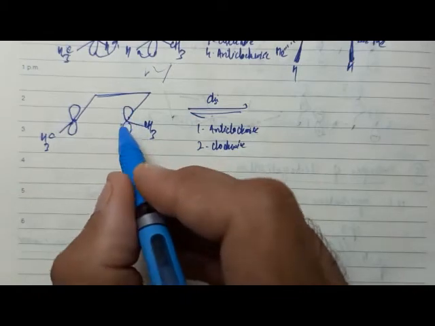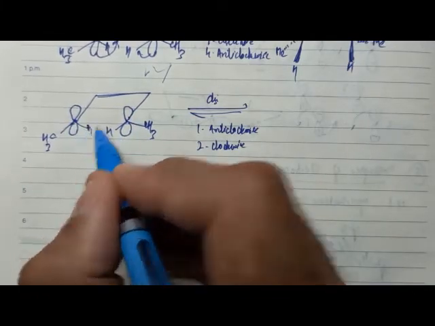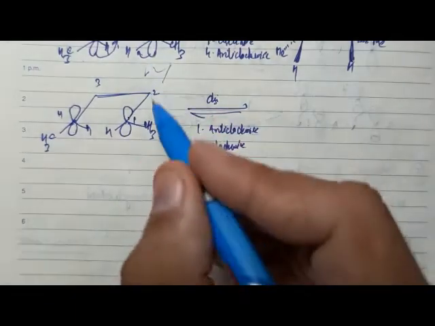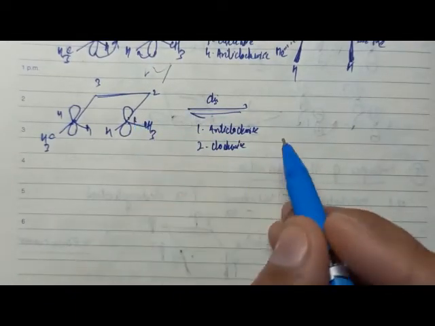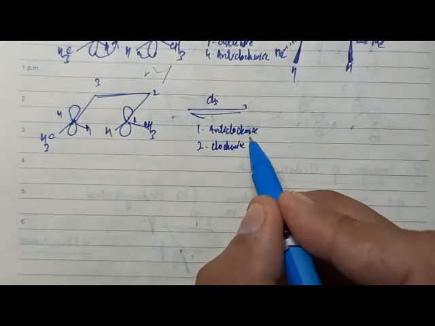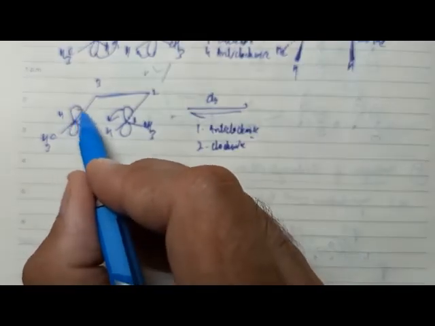What will happen? Here it is hydrogen, here it is hydrogen, this is the first lobe. Now the first lobe moves in an anti-clockwise fashion, anti-clockwise means here. The second lobe moves in a clockwise fashion like this. This is the mode of ring closure.